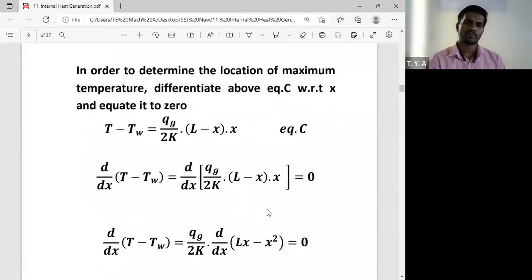Okay, d by dx of T minus TW is equal to d by dx of Qg/2k into bracket L minus x into x.